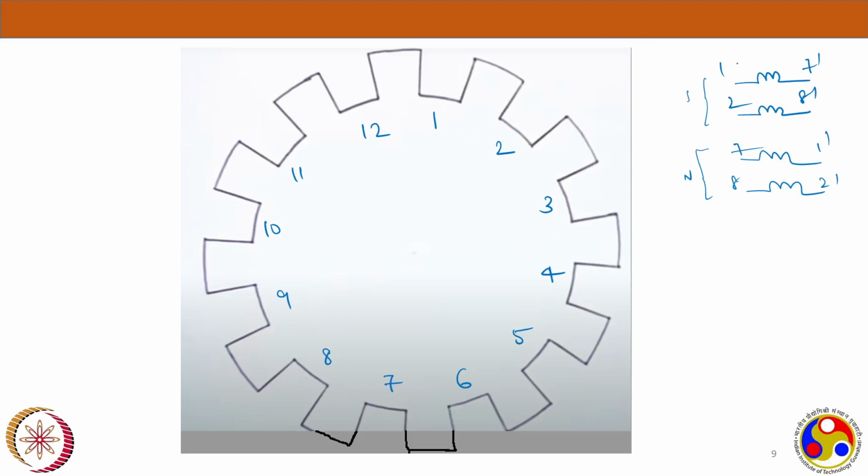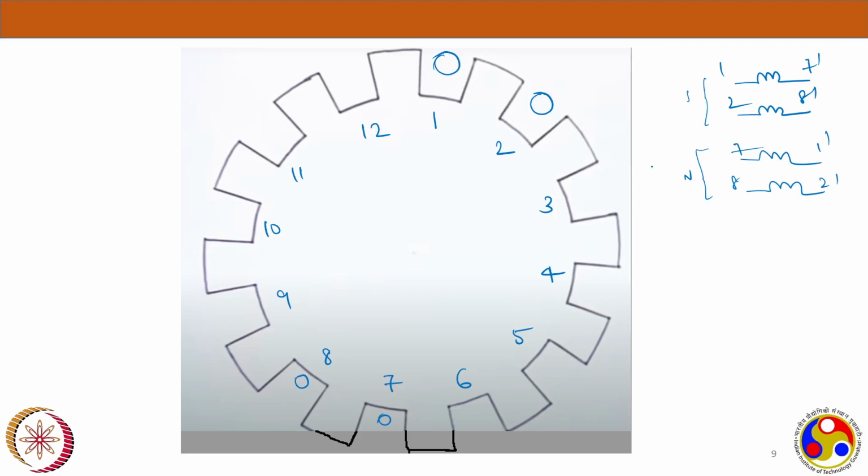In the first one, 1 and 7, I'm drawing 1 as a bigger circle, that is the incoming one, and 7 dash here as a smaller one. So 1 is going and 7 is coming back. The next one is 2 and 8 dash, the second one at the top deck of the double layer, and the 8th slot is this one coming back.